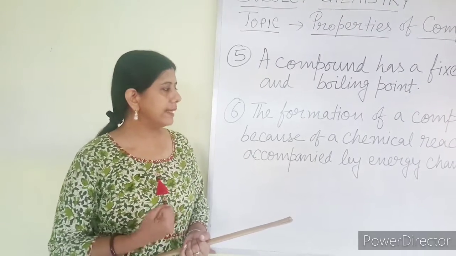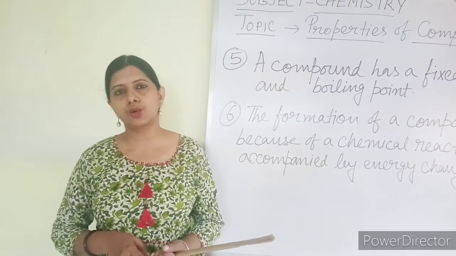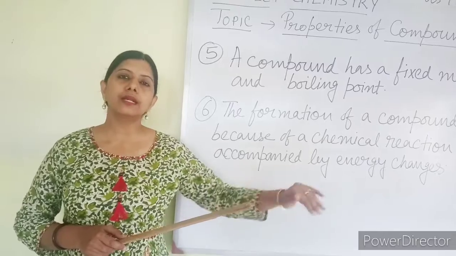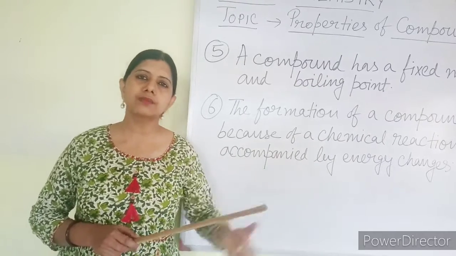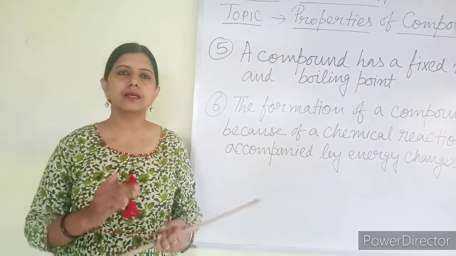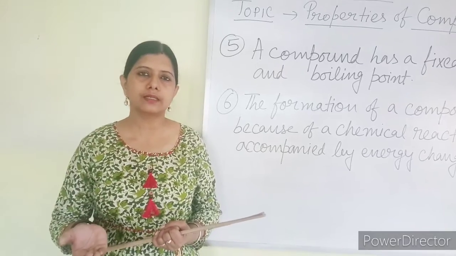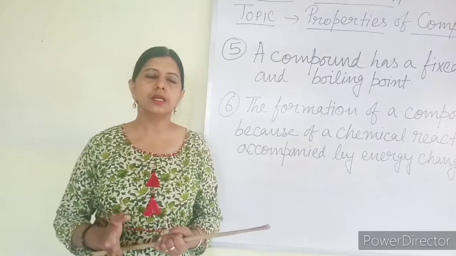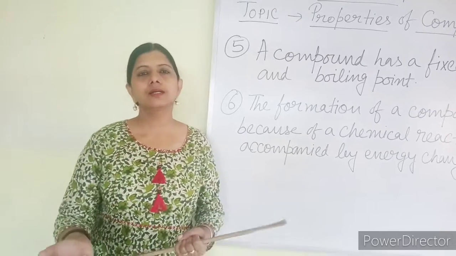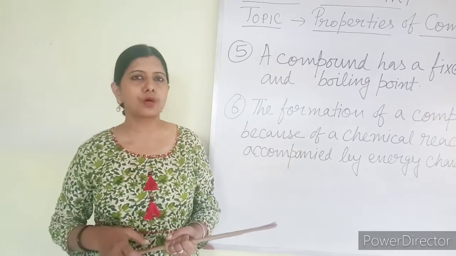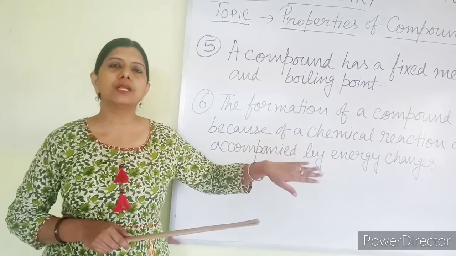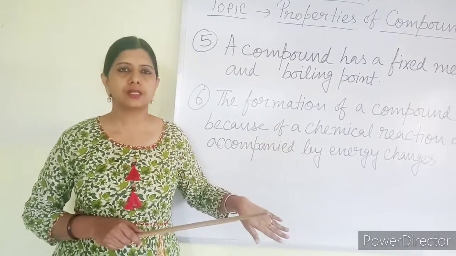Now this I told you only in terms of heat. Energy changes don't mean only heat energy. It can be something else also, that is, chemical energy converted into light energy, light energy converted into chemical energy, or electrical energy converted into some other form of energy. In all chemical reactions there will be some energy changes.